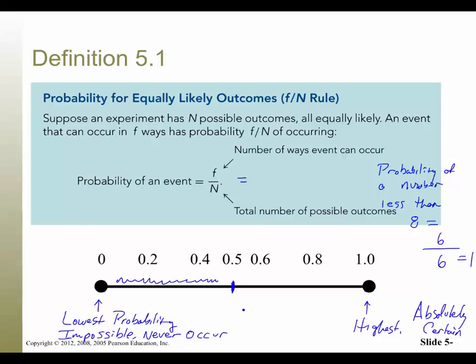Then what about a probability less than 0.5? Less likely to happen than not. And a probability greater than 0.5? More likely to happen. The closer you get to 1, the more likely it is, and the closer you get to 0, the less likely an event is to happen.